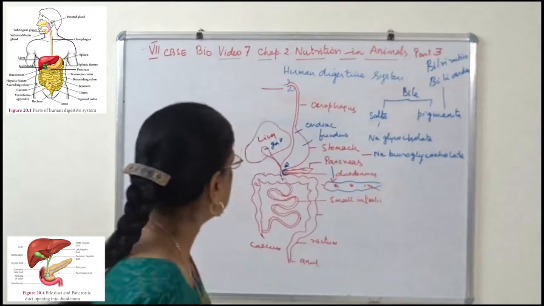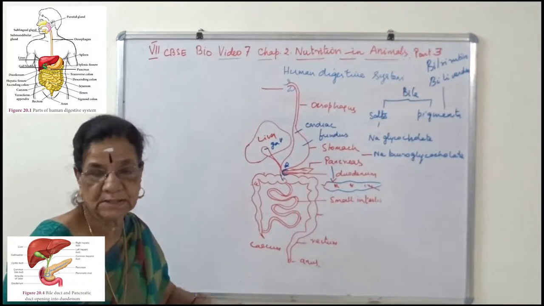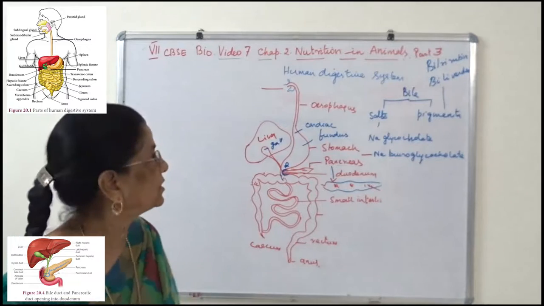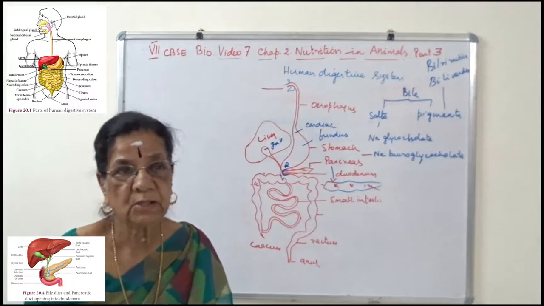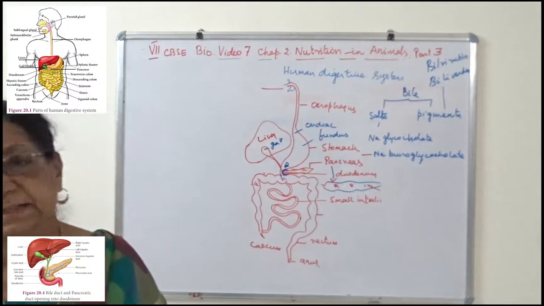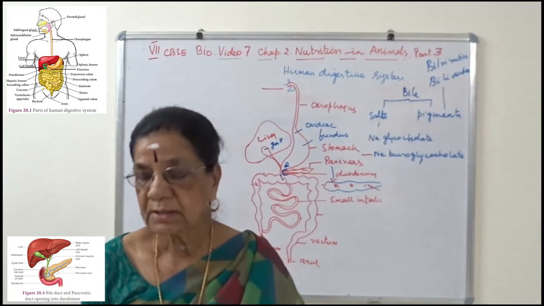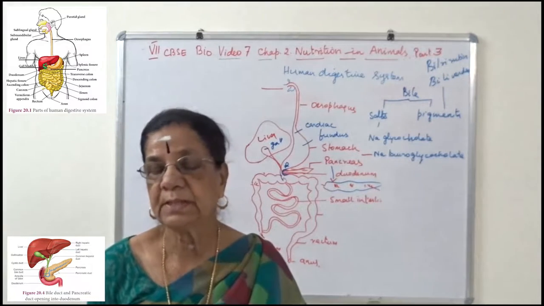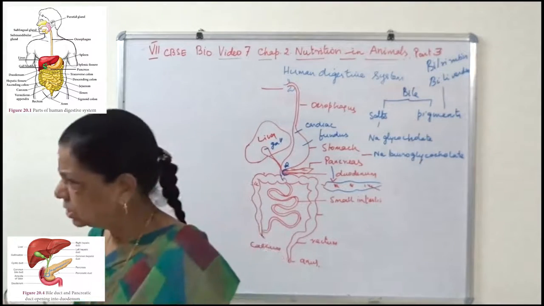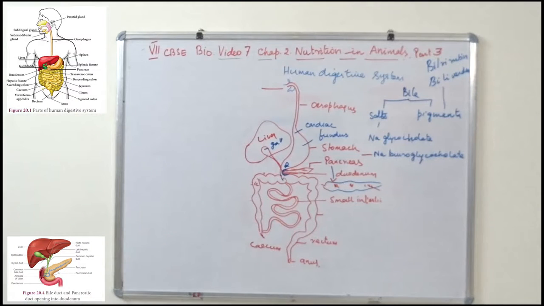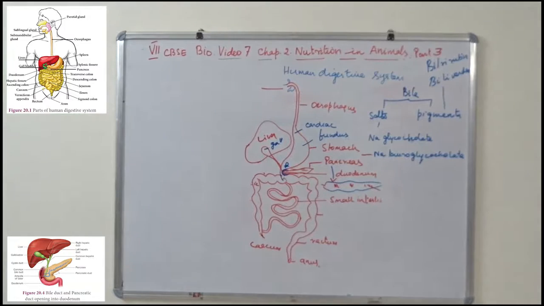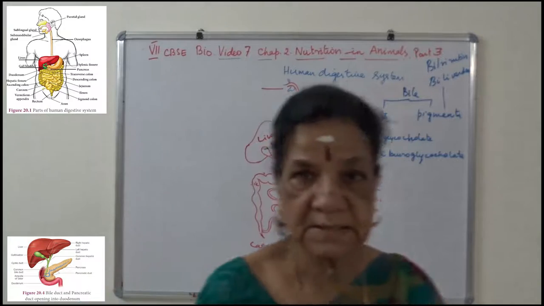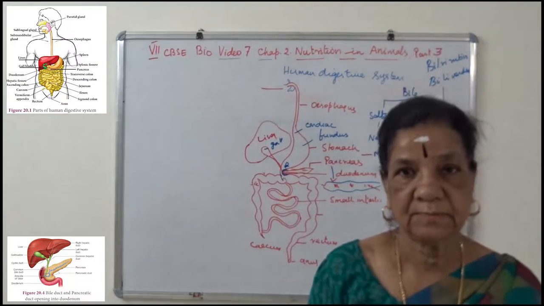Then we learned the structure of the alimentary canal, which is also known as the digestive system, digestive tract or gut. I repeat, the digestive system is also known as the alimentary canal, digestive tract or gut.